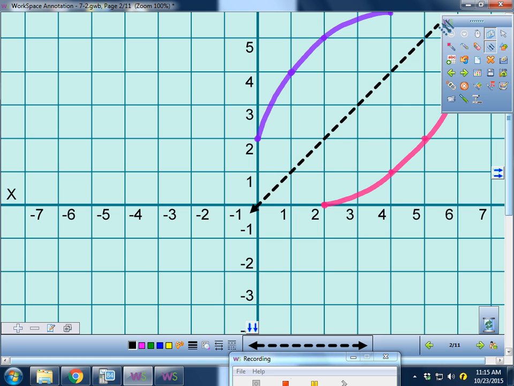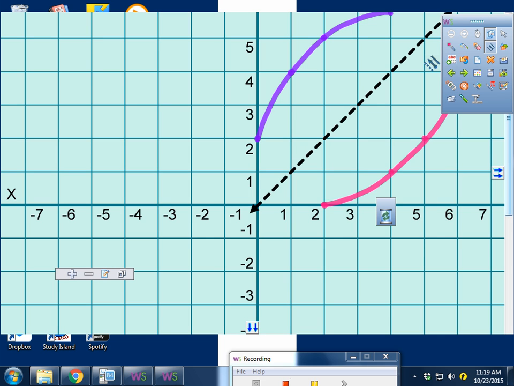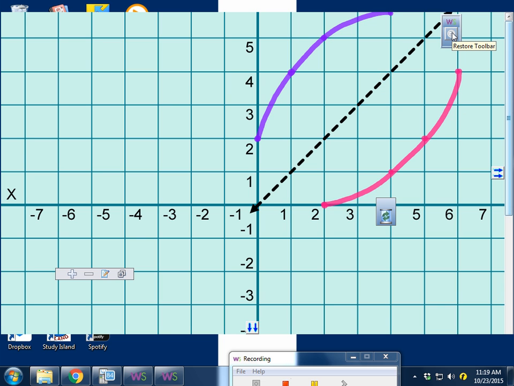The line y equals x is just this diagonal line that comes straight through your origin, okay? So it just goes up 1 over 1, up 1 over 1, up 1 over 1, up 1 over 1. So if you look at this, if this was you standing on this side of the mirror, this would be you on the inside of the mirror, okay? It's mirrored across. Every inverse is a mirror, okay?